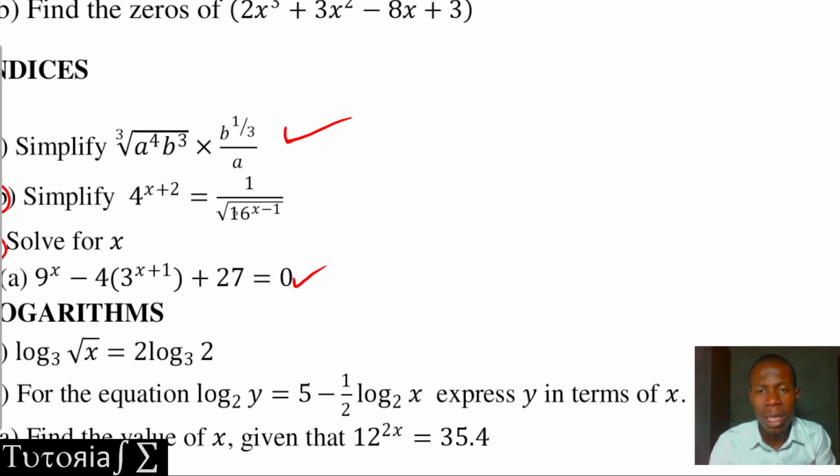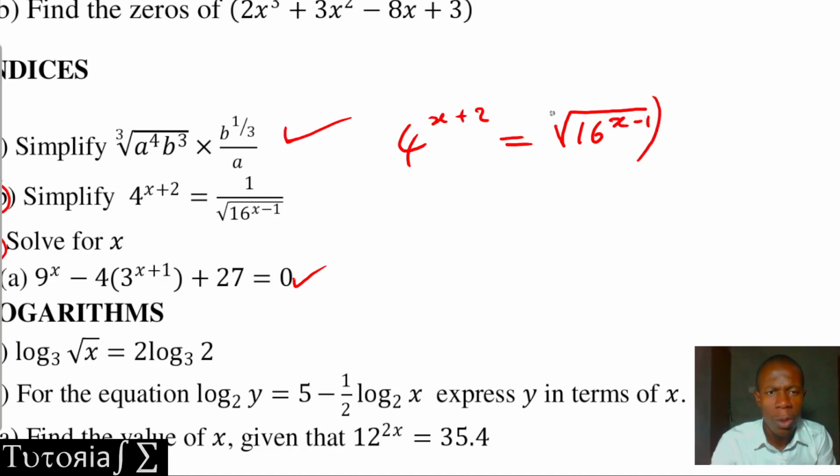So basically, this can be written as 4 to the power x plus 2 on this side is equal to, then here, what we can do is, you can say this is equal to root of 16 to the power x minus 1, then raised to the power negative 1, because it's an inverse here.